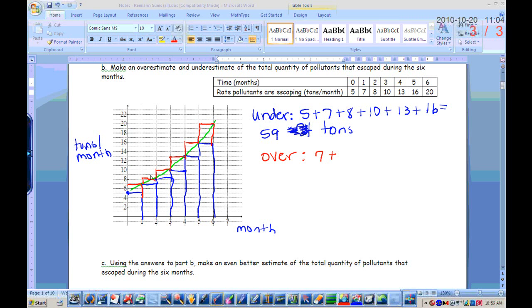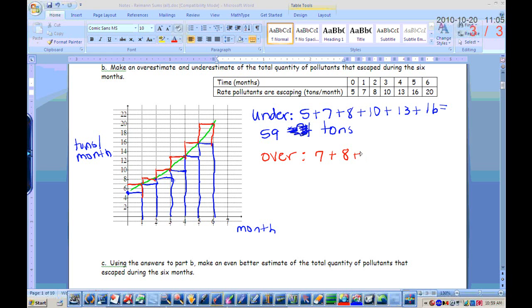If I look at the green graph that I have up here, then the underestimate for the first month would be the amount that's escaping at the beginning of the month, and the overestimate would be the amount that's escaping at the end of the month. We add them up because we want how much is escaping over a 6-month time period, not just over 1 month.